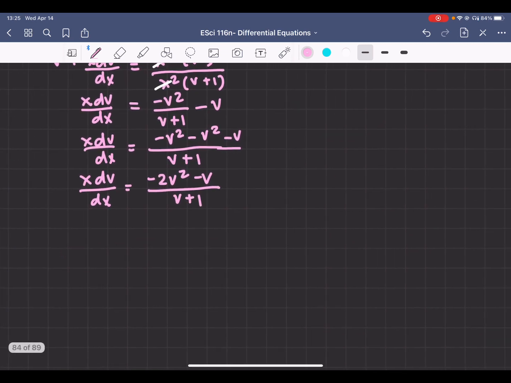Now putting all of the v's on the same side and all of the x's on the same side, we get v plus 1 all over 2v squared plus v dv is equal to negative dx all over x, leaving the negative sign on the right side.